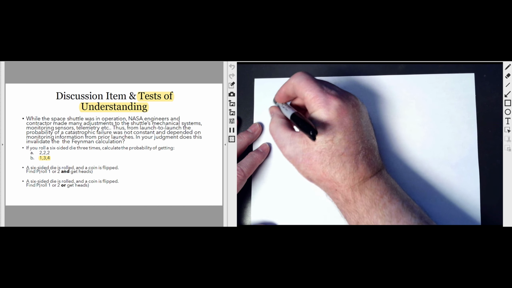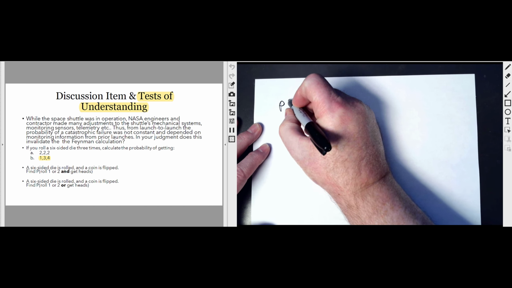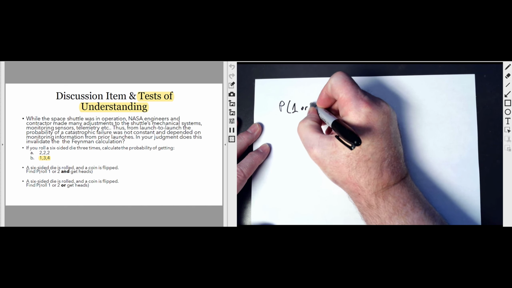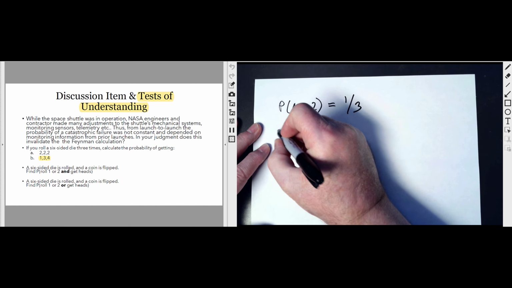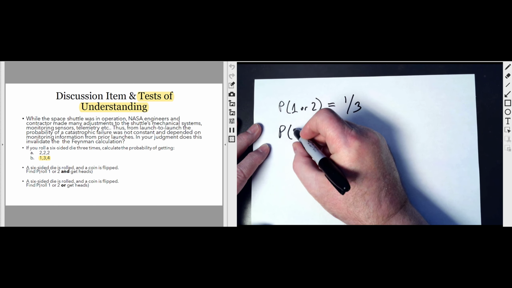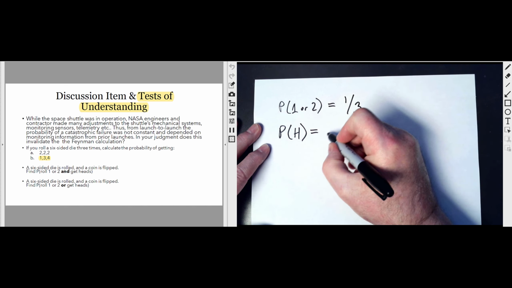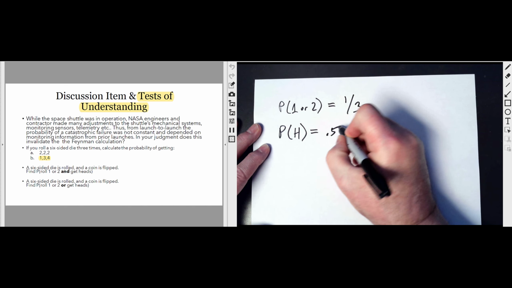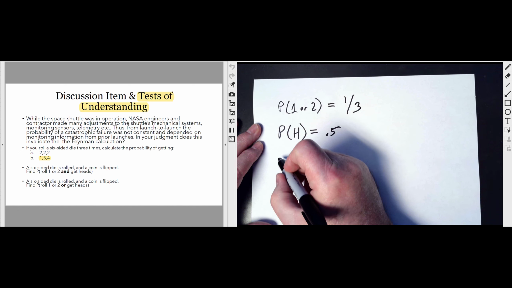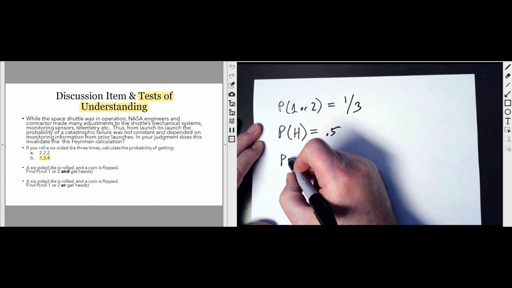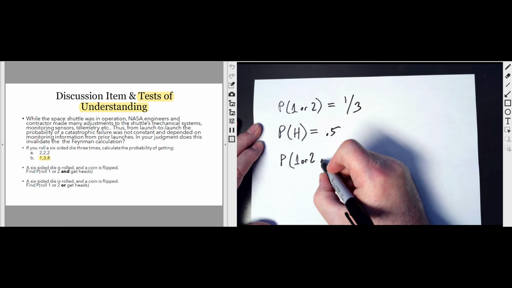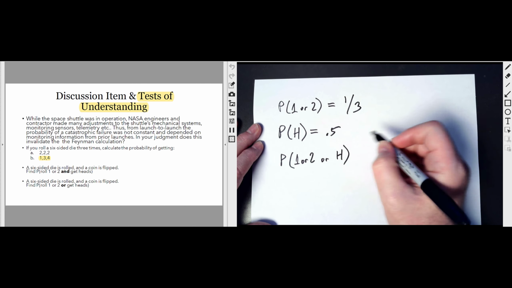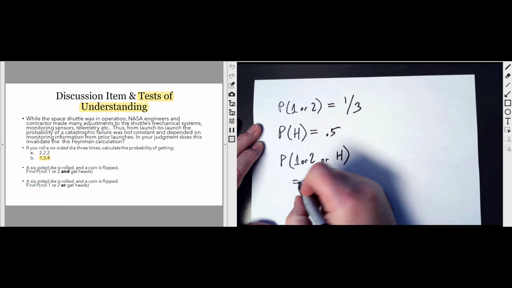Let's write this stuff down so that we don't make a silly mistake. So the probability of 1 or 2 is 1/3. The probability of heads is 0.5.